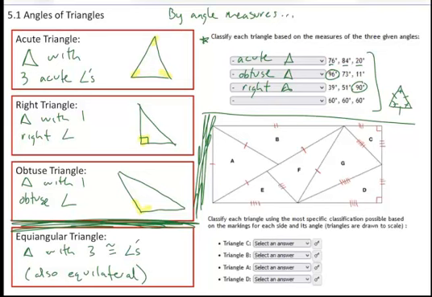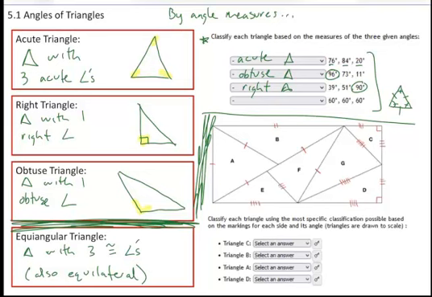The drop downs are first by side, is it scalene, isosceles, or equilateral? And then by angle, is it acute, right, or obtuse? So there's 7 different combinations you can do for those.